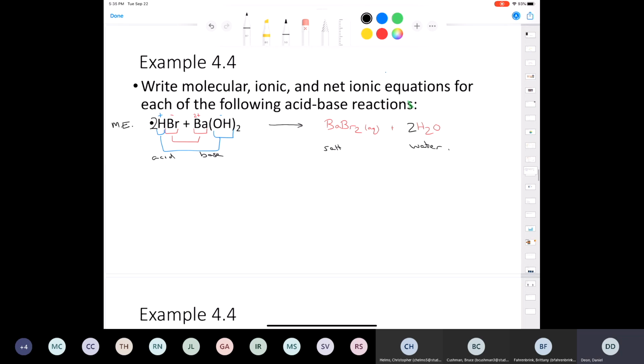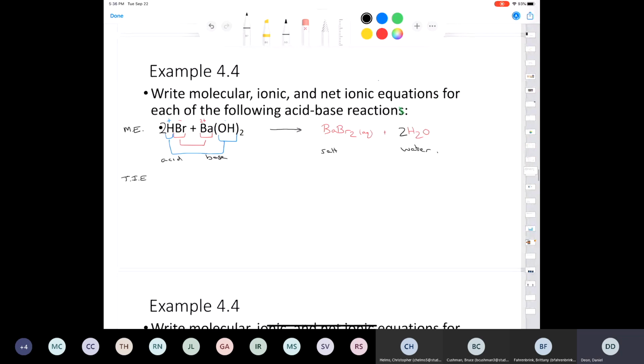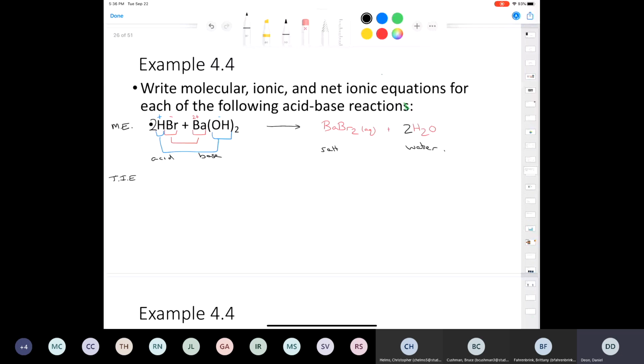Okay, now for the total ionic equation, or the ionic equation, whatever you want to call it, either one is fine. We're going to break everything apart into its ions. I should point out that HBr is aqueous, as is barium hydroxide. So let's write that out. We've got 2 hydrogen ions in HBr, because there's 2 molecules of it, plus 2 bromides. Those are aqueous. We've got a barium 2+.